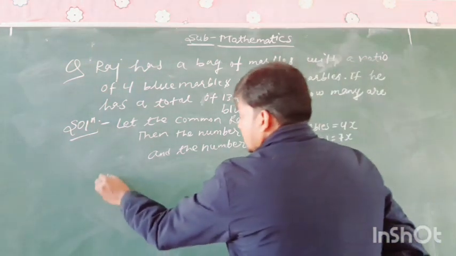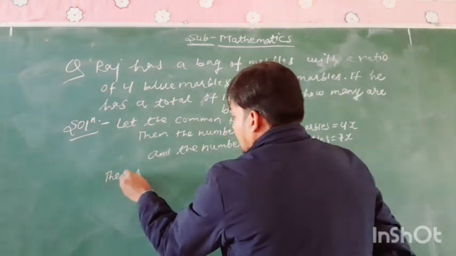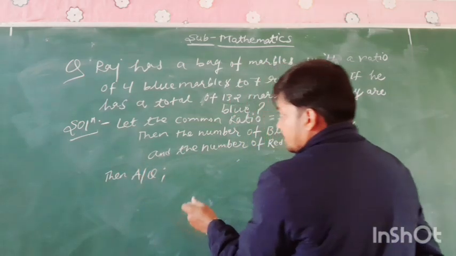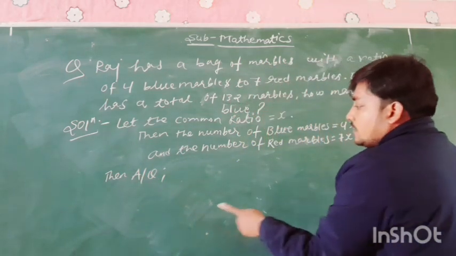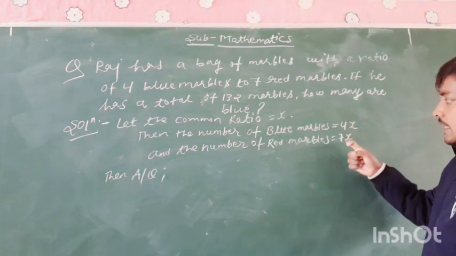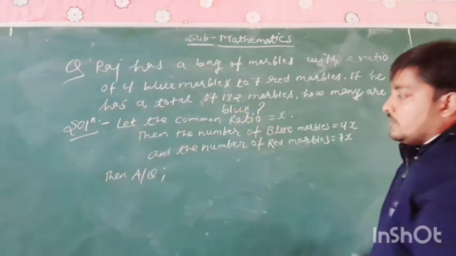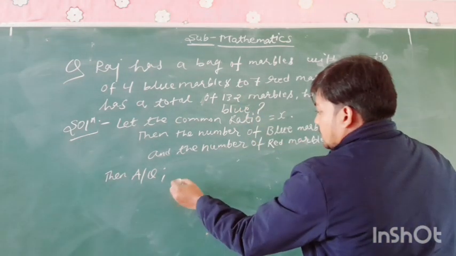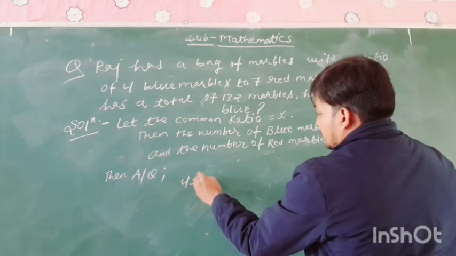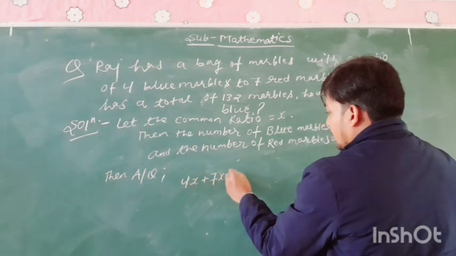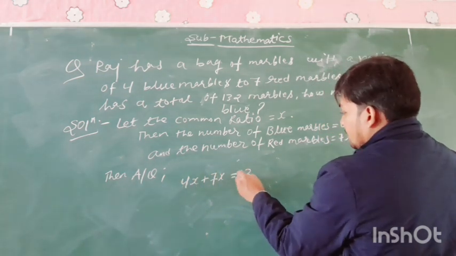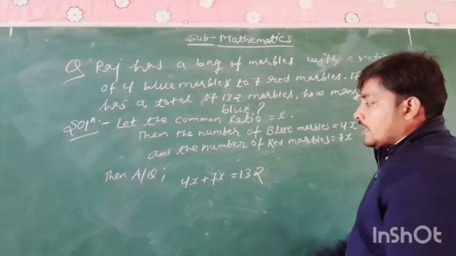Then according to question, sum of blue marbles and red marbles, which is equal to 132. So we have to write 4x plus 7x, which is equal to 132.